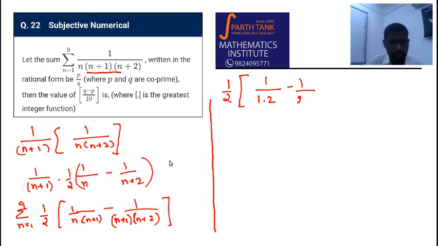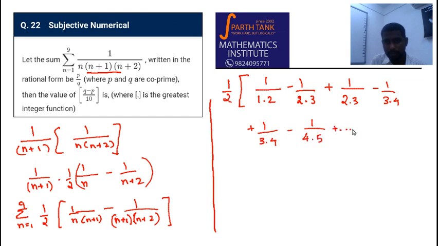So when n is 1, this is 1 by 1 into 2 minus 1 by 2 into 3. The second term would be 1 by 2 into 3 minus 1 by 3 into 4. The next term would be 1 by 3 into 4 minus 1 by 4 into 5, and so on. Consider what will happen when it is 8, for example: it is 1 by 8 into 9 minus 1 by 9 into 10. And when it is 9 itself, it becomes 1 by 9 into 10 minus 1 by 10 into 11.